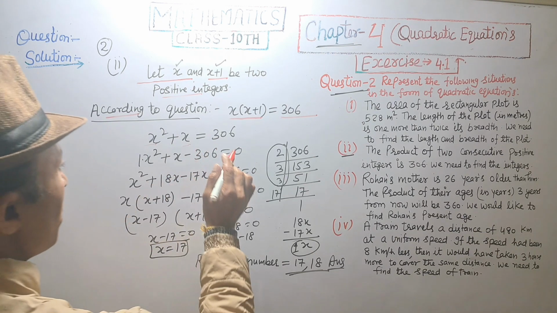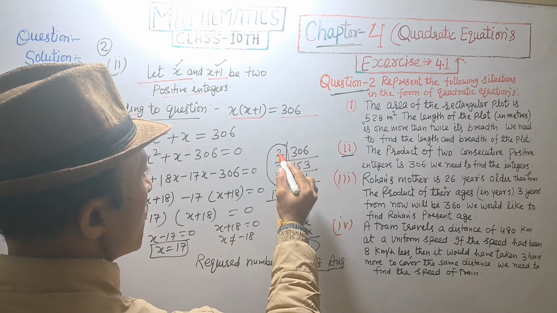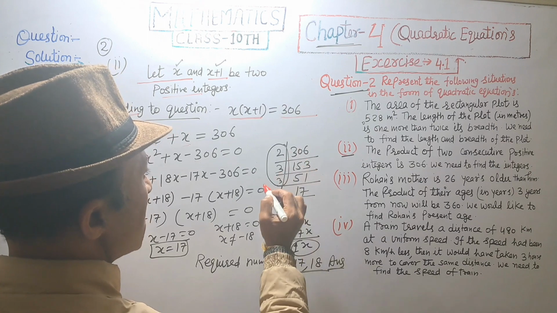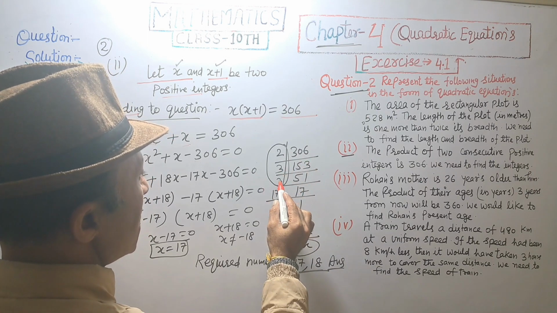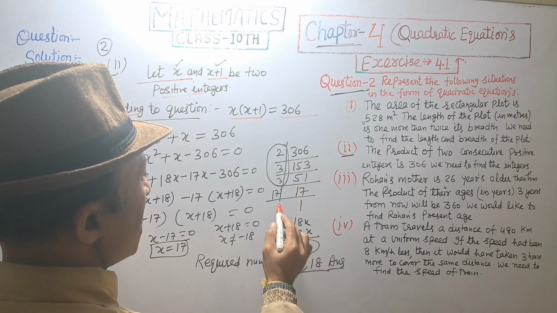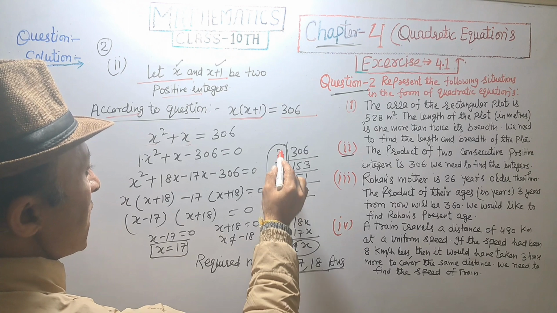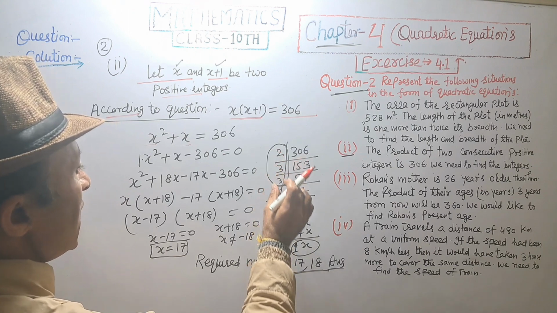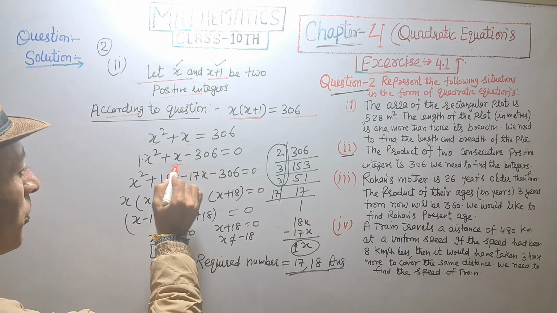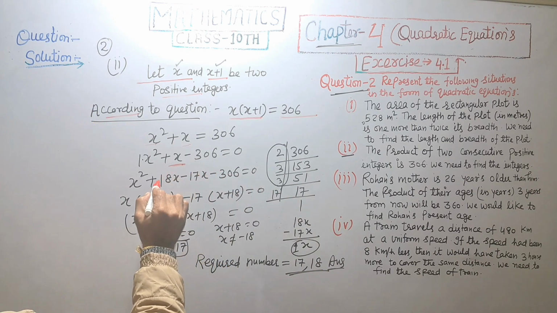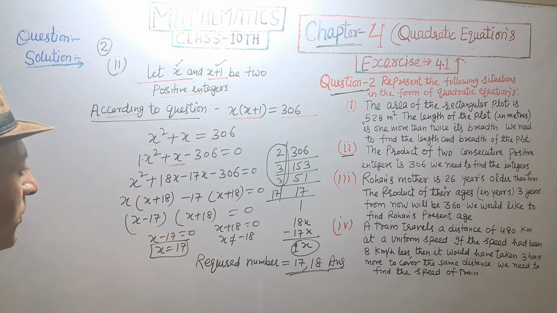And by prime factorization, 306 is 2 153s are 306, 3 51s are 153, 3 17s are 51, 17 1s are 17. So 3 3s are 9, 9 2s are 18. 18x minus 17x is equal to positive x, and 18 multiplied by 17 is equal to 306.